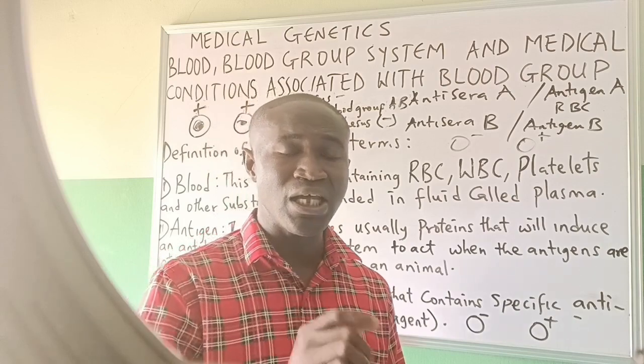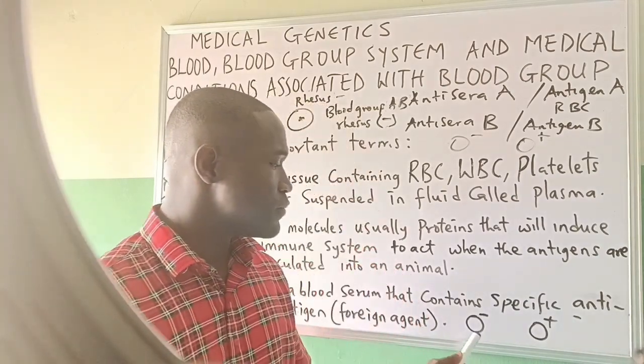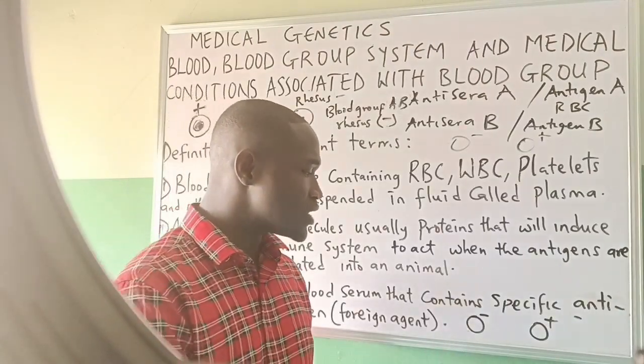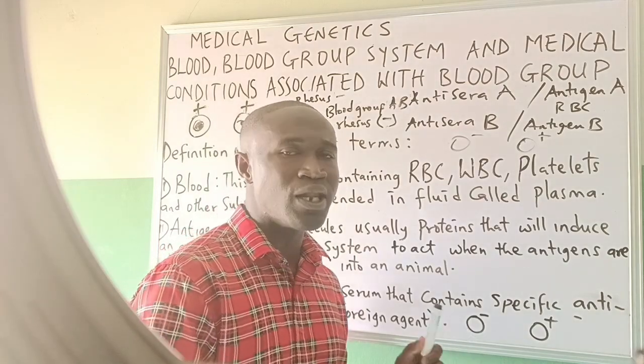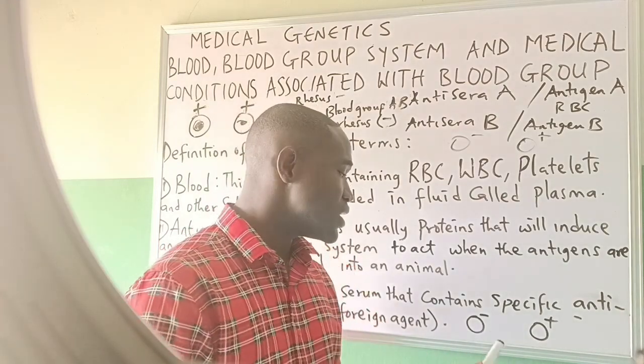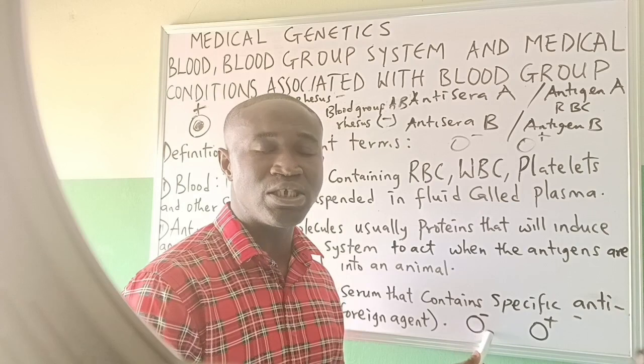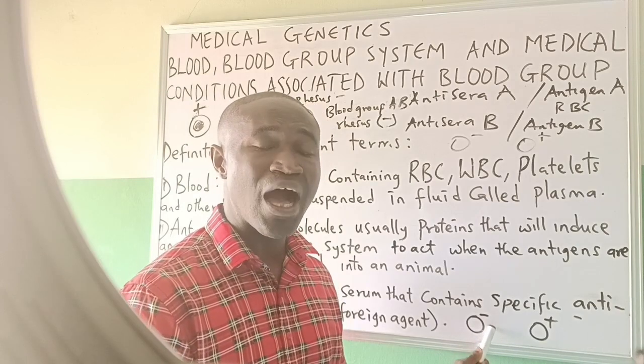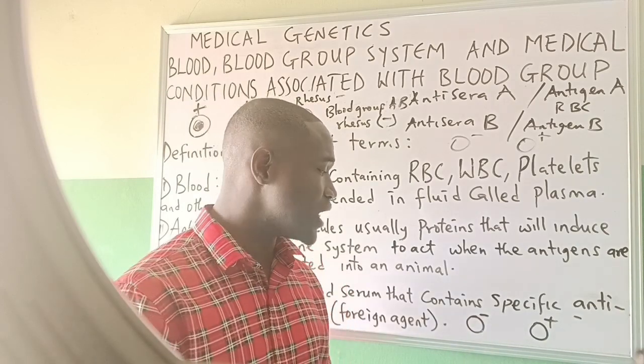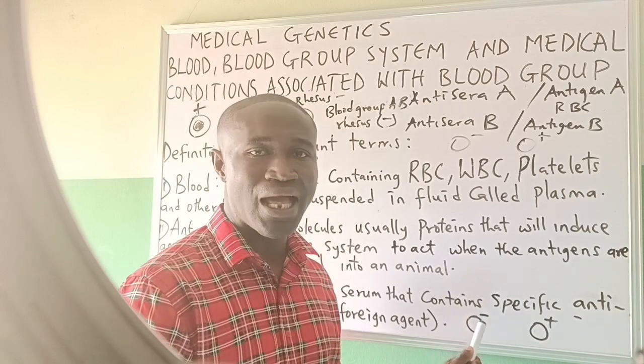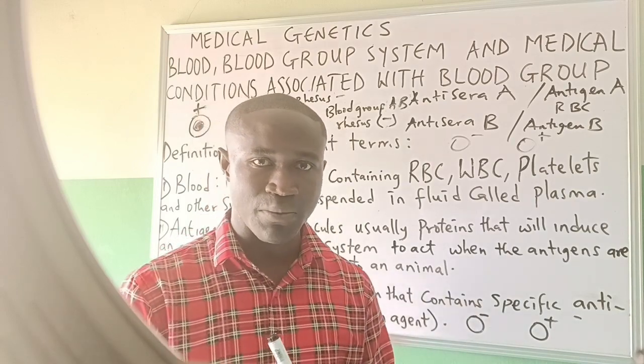Yes, the reason is because when a pregnant woman is having blood group O negative, that means the rhesus antigen is negative. It does not have rhesus antigen, but it has antibody A and antibody B in the blood plasma.